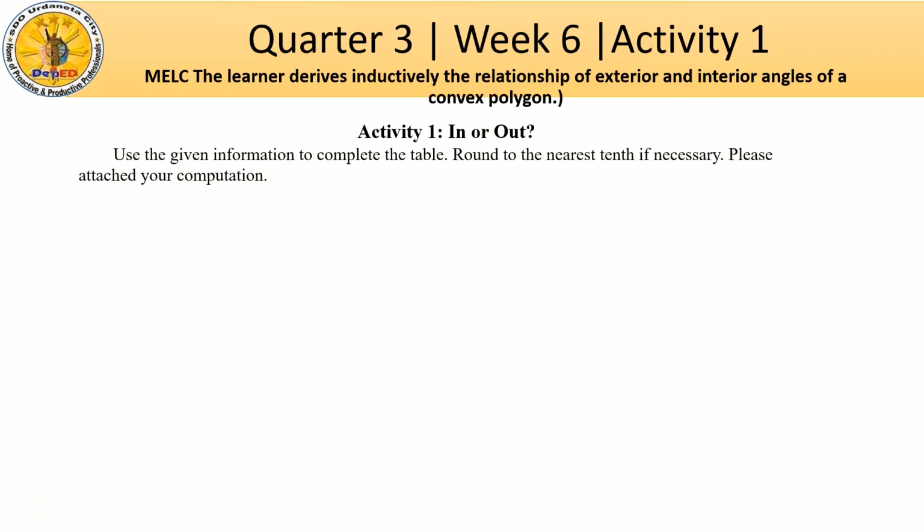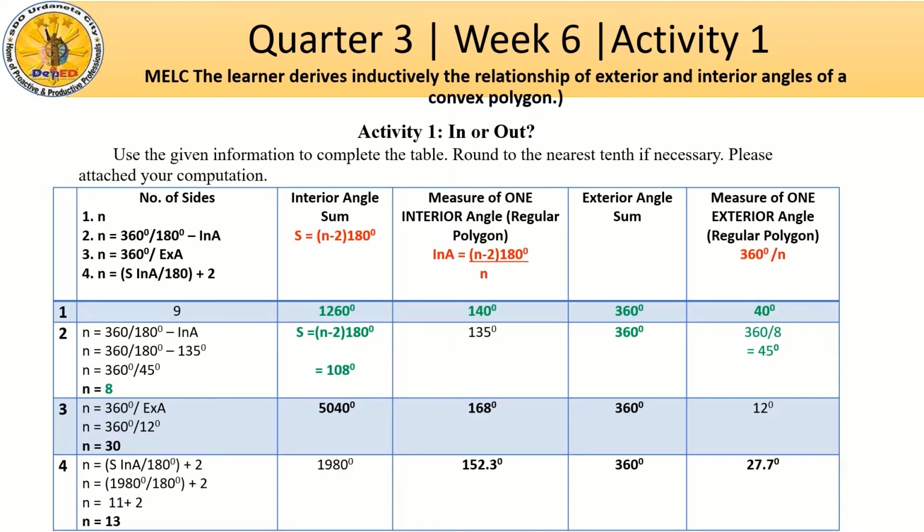Okay, let's solve number 2, where the given is the measure of one interior angle of a regular polygon, equal to 135 degrees. First, we're going to look for the number of sides. So n is equal to 360 divided by the difference of 180 and the measure of the interior angle.